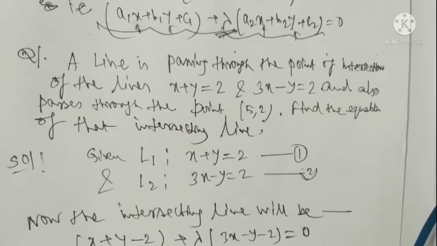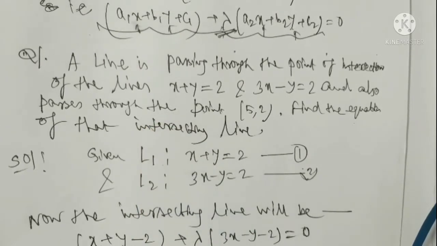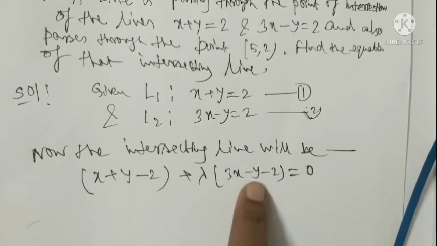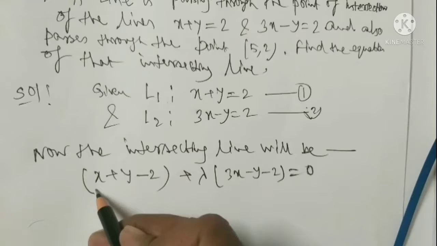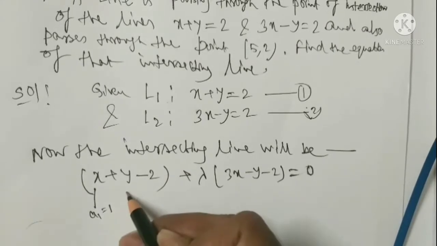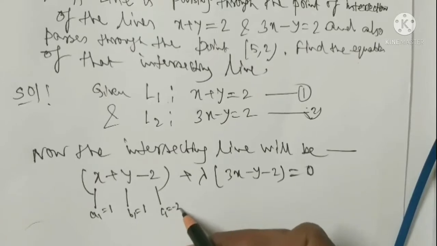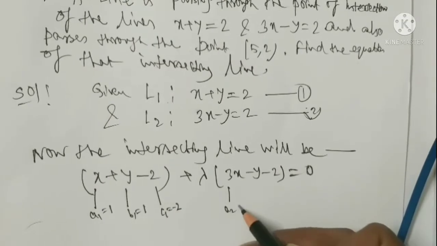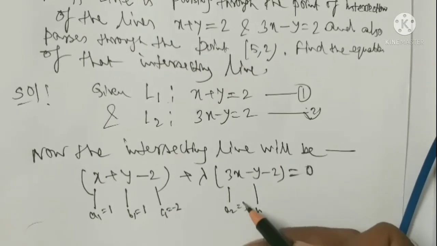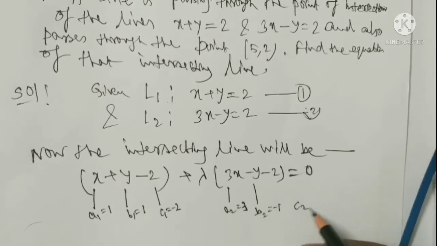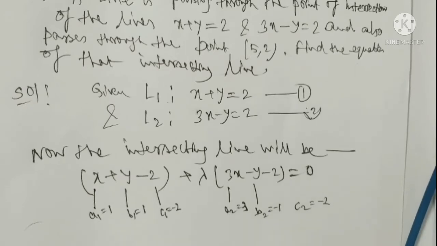Focus on our given structure: a1x plus b1y plus c1 plus lambda times (a2x plus b2y plus c2). Here a1 is 1, b1 is 1, c1 is minus 2, a2 is 3, b2 is minus 1 and c2 is minus 2.